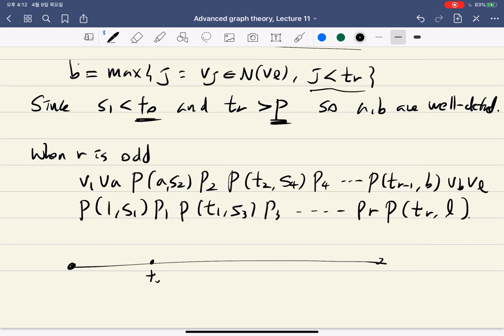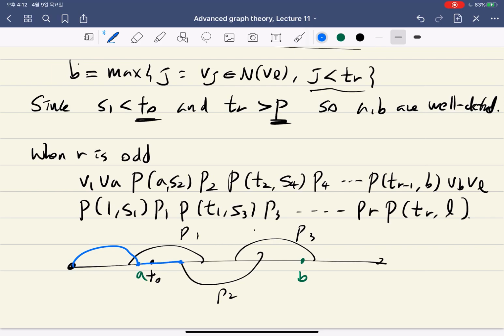You can draw it yourself. Let's say this is T0, this is P1, P2, P3, and this is A, this is B. And what it says is that you take this and A to S2, P2, and up until to here.